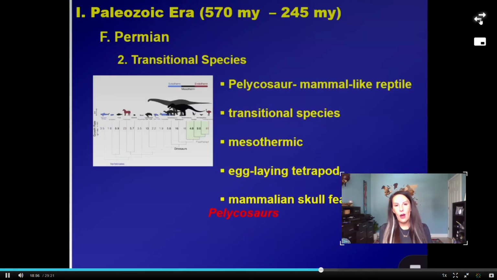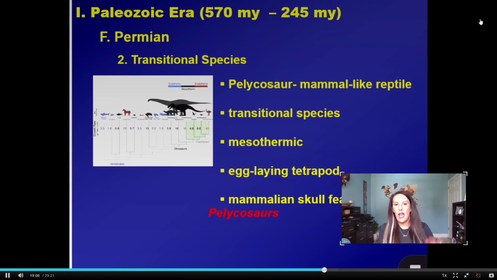This diagram here is giving you some imagery to think about a mesothermic animal versus an endothermic versus an ectothermic. They're showing you some modern and prehistoric examples of those.